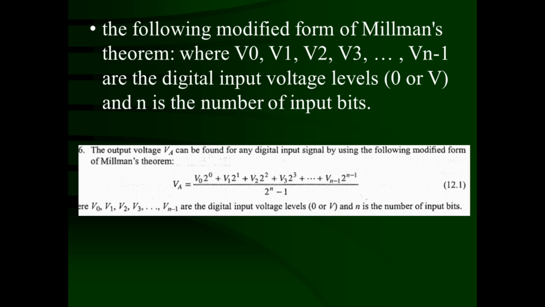VA is equal to V0 into 2 raised to 0 plus V1 into 2 raised to 1 plus V2 into 2 raised to 2 plus V3 into 2 raised to 3 plus etc. plus Vn minus 1 into 2 raised to n minus 1, upon, in the denominator, 2 raised to n minus 1, where V0, V1, V2, V3, etc., Vn minus 1 are the digital input voltage levels 0 or V, and n is the number of input bits.